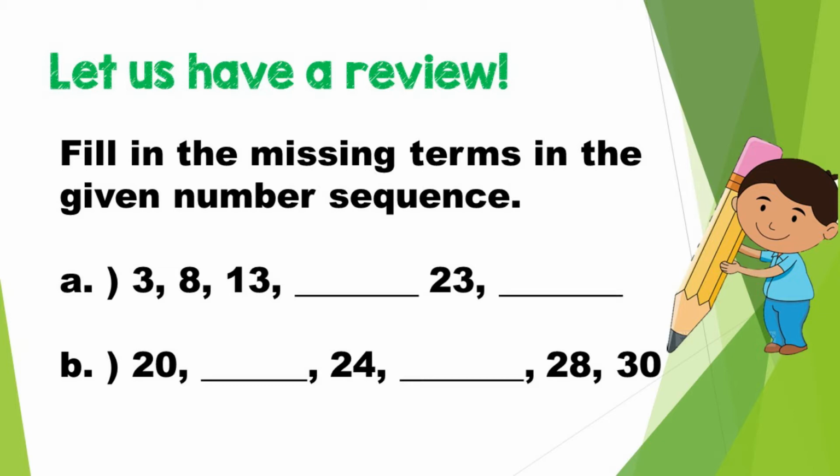What will be the answer on number 1? If your answer is 18 and 28, you are correct. Now, let's answer letter B. If your answer is 22 and 26, you are correct. Good job, kids!